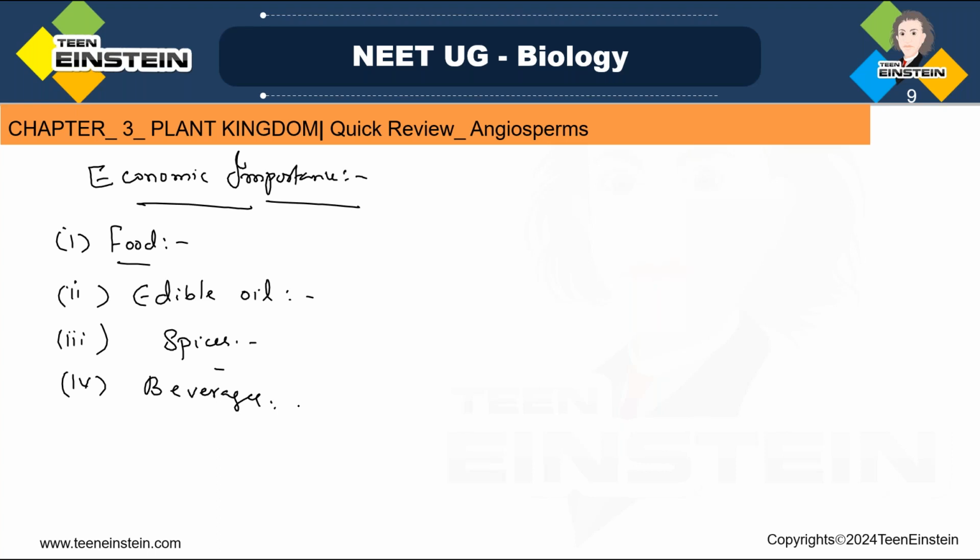Coffee, cocoa powder, the common beverages which are obtained from flowering plants. Then medicines. See, some of the important medicinal plants like belladonna, ashwagandha, quinine, all these come under angiosperms.